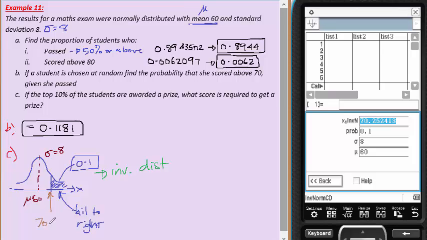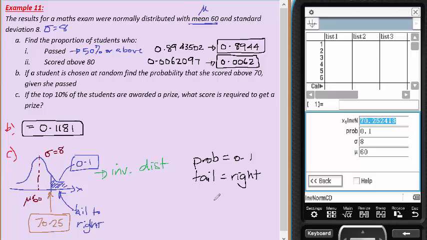It tells me that my score that I would have needed here is 70.25. So to be in the top 10%, I need a score of 70.25. So what I'm going to write here is prob equals 0.1, tail equals right. I know the mean and the standard deviation, therefore the score x equals 70.25%.